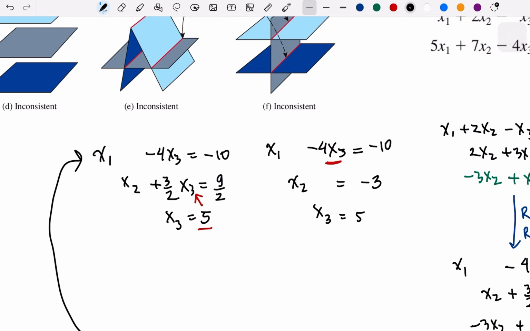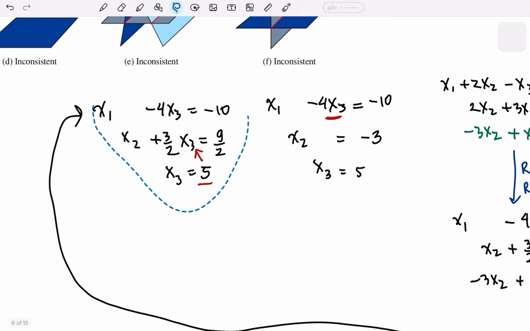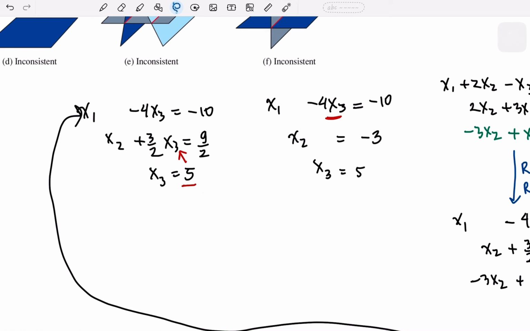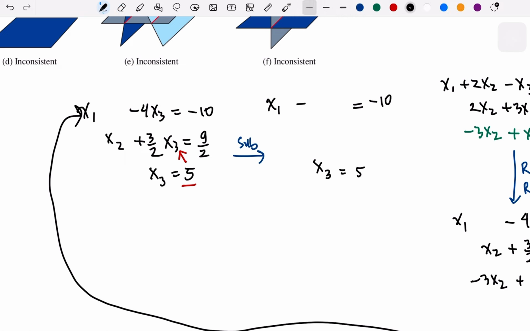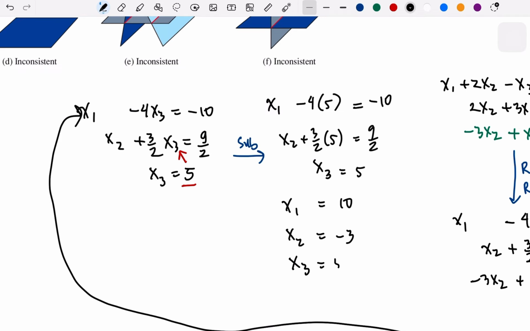I forgot. So substitute, let me just write all the process here. So negative 4, 5. This is x2 plus 3 over 2, 5. So x1 is 10. x2 is negative 3. x3 is 5. Okay.